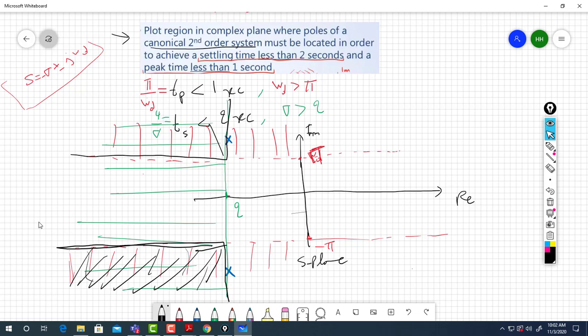If you pick any pole in this black zone, it will have a settling time less than 2 seconds and a peak time less than 1 second. Good.